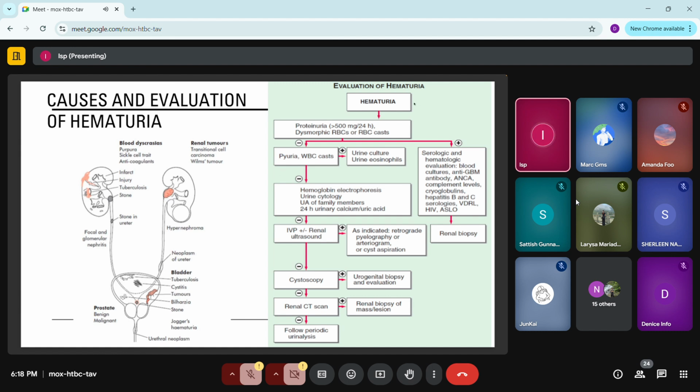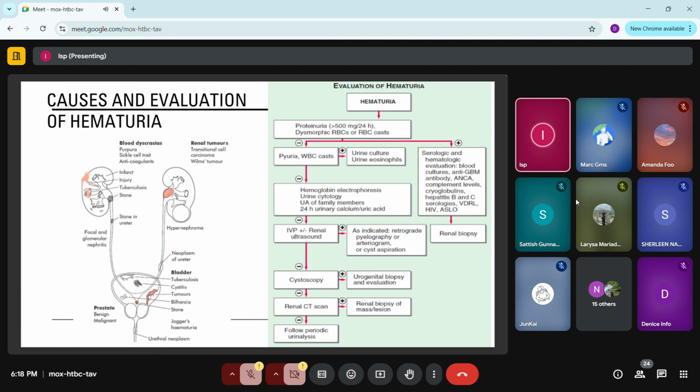So for hematuria, basically anything that happens from the kidney to the urethra, any stones, any growth or inflammation, can give you hematuria. That's how you evaluate hematuria in male and female. The common things that can cause hematuria will be renal stones and also infection.